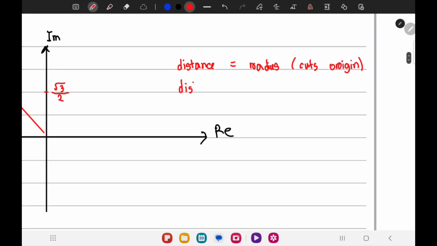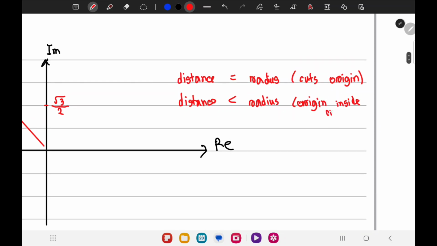If this distance is less than the radius, the origin is inside the circle. And if the distance is greater than the radius, the origin is outside the circle.